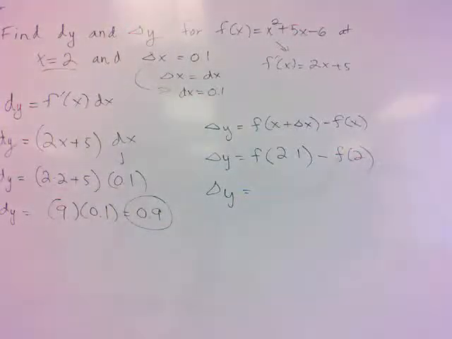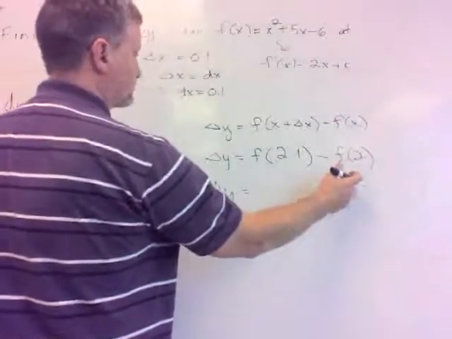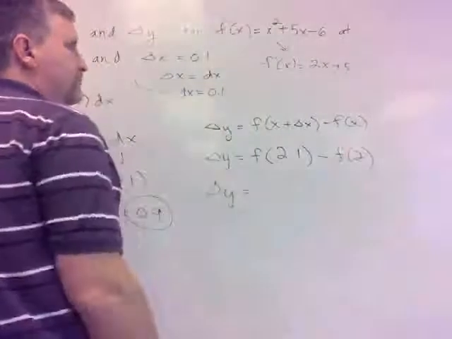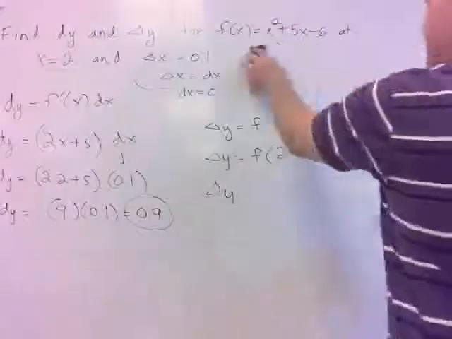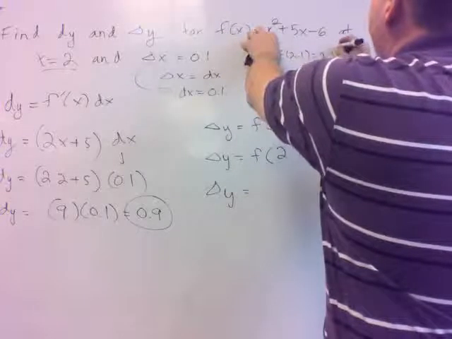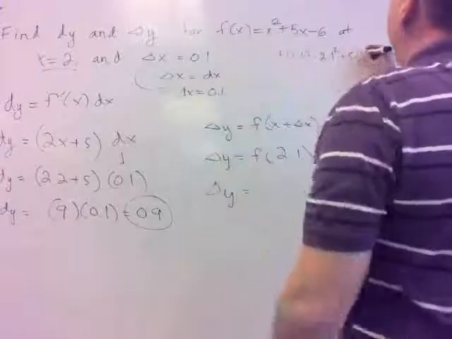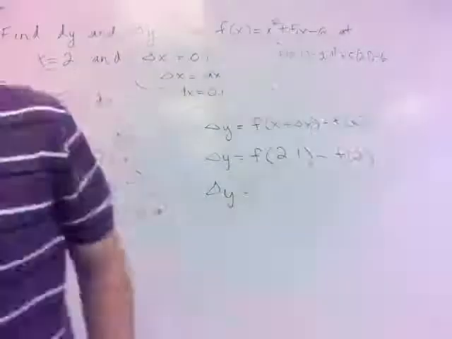So f of 2.1, just plug in 2.1 right here, right? It'd be 2.1 squared plus 5 times 2.1 minus 6, whatever that gives you.